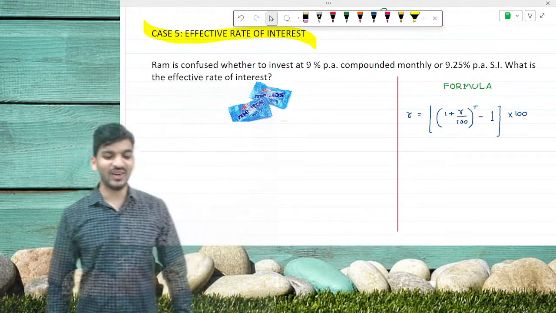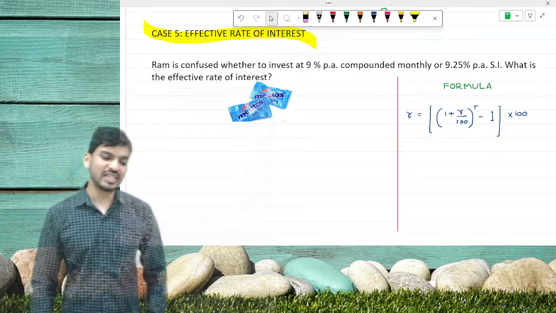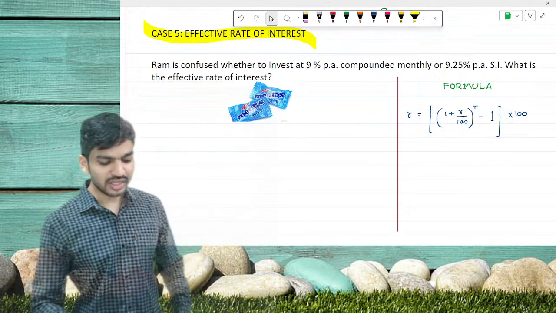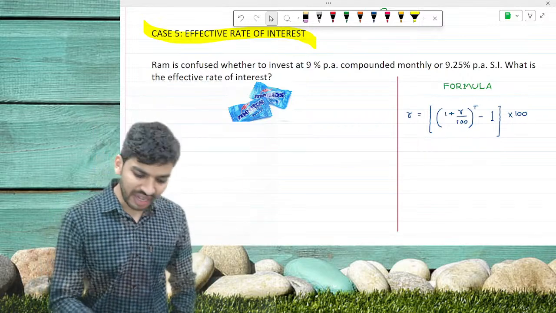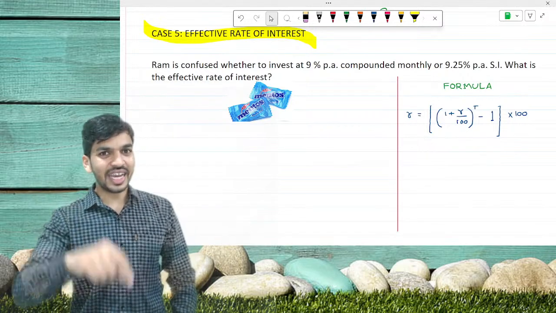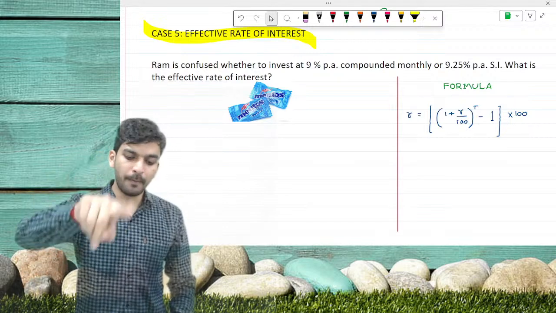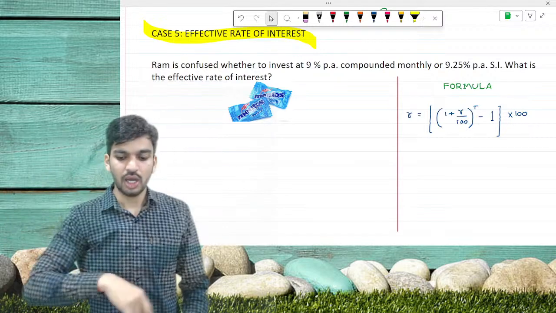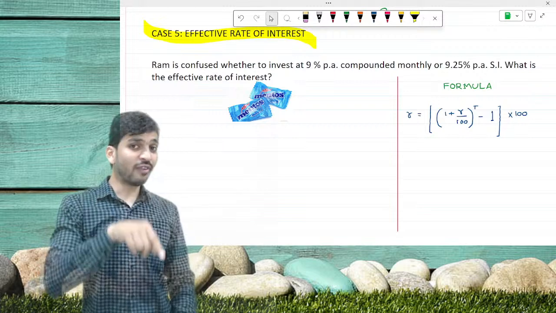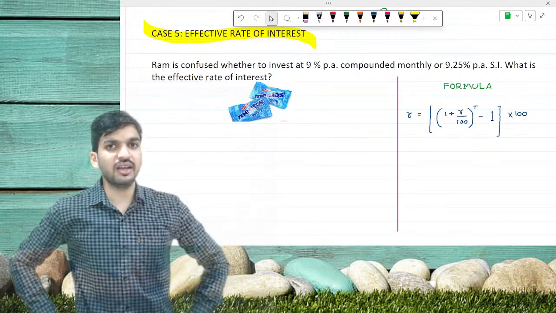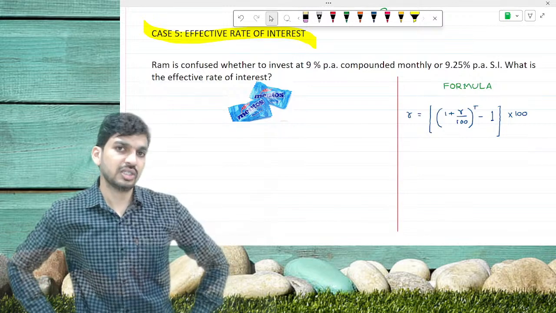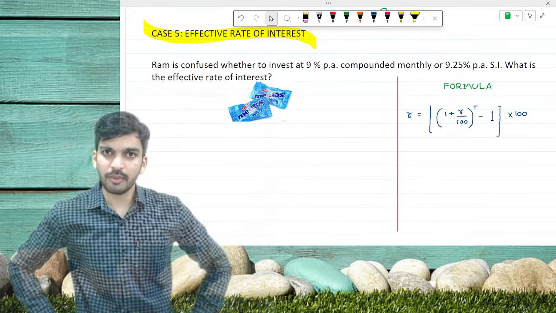Okay, so now let's understand what is the question given to you. The question says Ram is confused whether to invest at 9% per annum compounded monthly or 9.25% simple interest. What is the effective rate of interest? Are you getting my point?